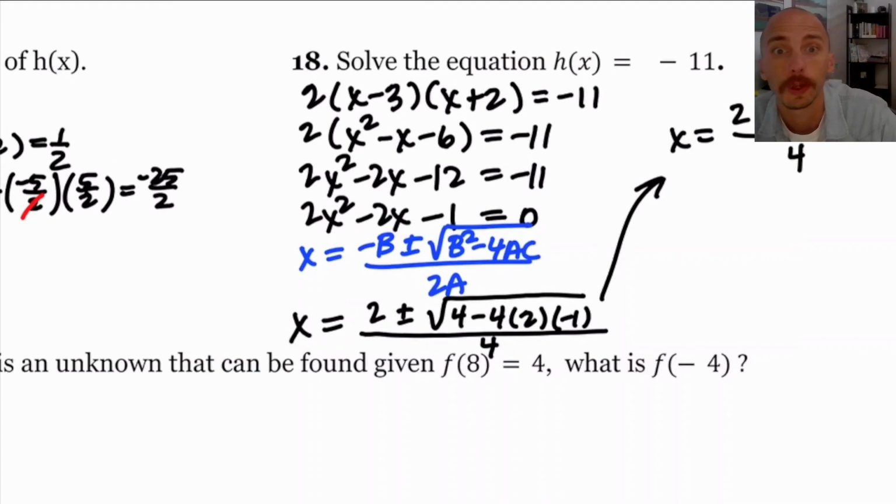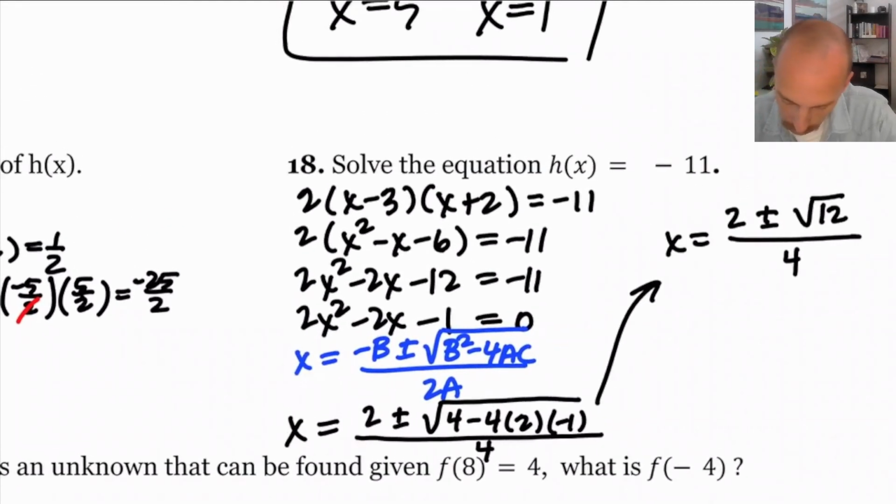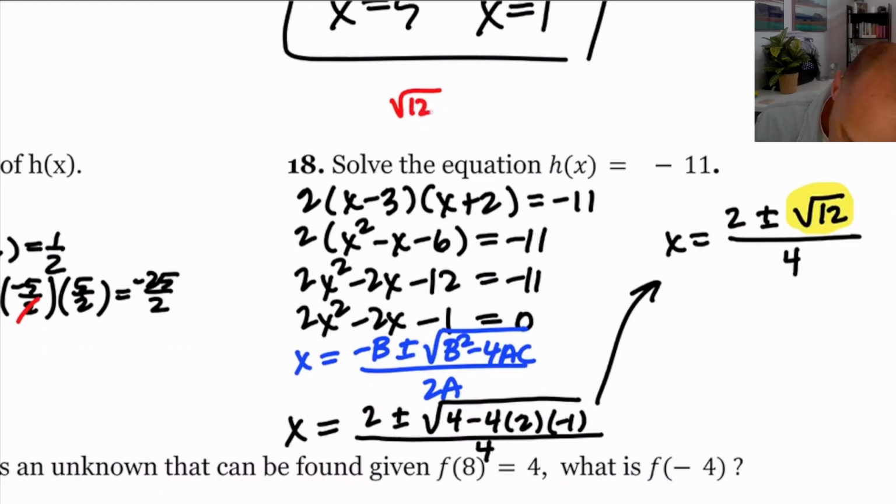All right, and you can't see that at all. Pardon me, I was blocking it. And then this square root of 12 right here, this is something we're going to need to be able to simplify. So maybe we'll go over here off to the side, and say the square root of 12 is the square root of 4 times 3, which I can write as the square root of 4 times the square root of 3. So that's 2 square root of 3.